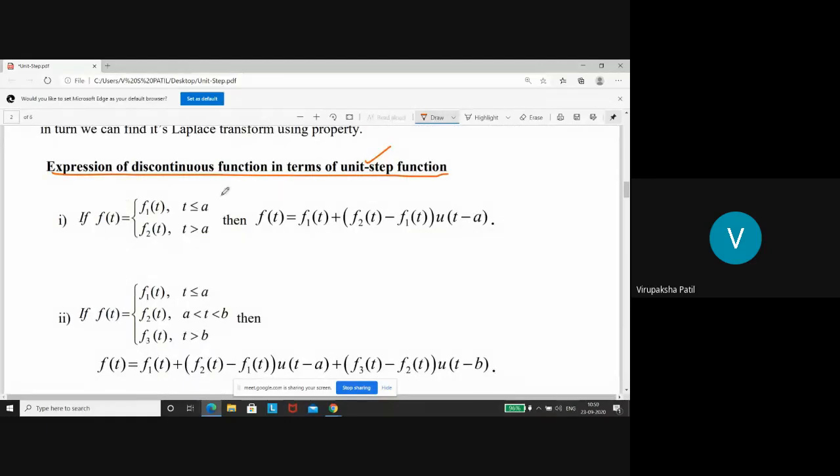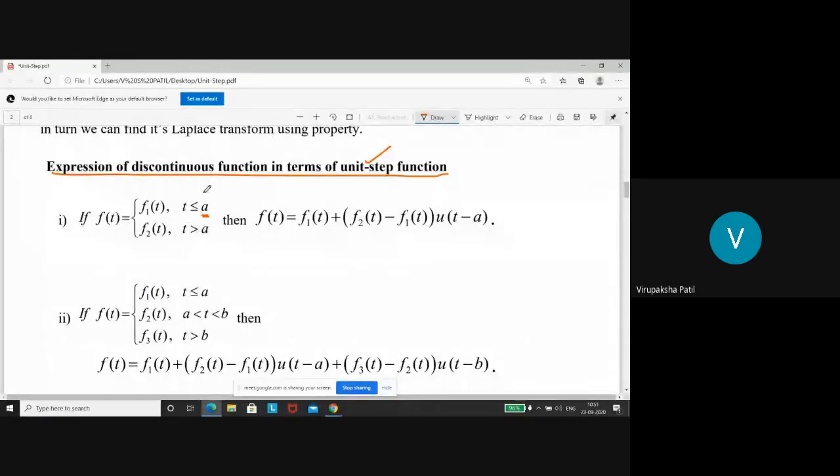Suppose your function is discontinuous at only one point, say at t equal to a. Then f of t is f1 of t whenever t is less than or equal to a, and f2 of t whenever t is greater than a.